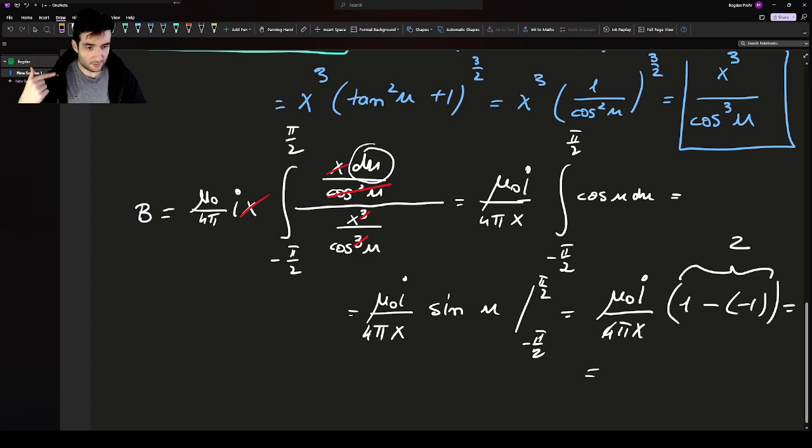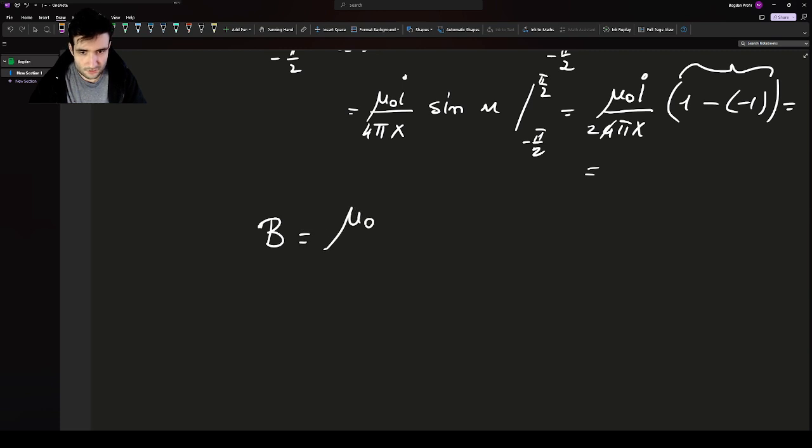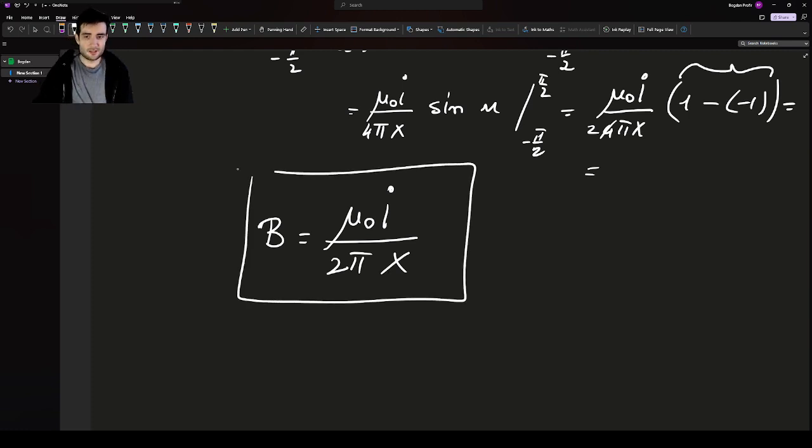We can cancel it with this 4, and we get the final answer. I'll write it here. So we get B is mu 0 times I over 2 pi x. So this is the value of the magnetic field at the distance x away from an infinitely long wire.